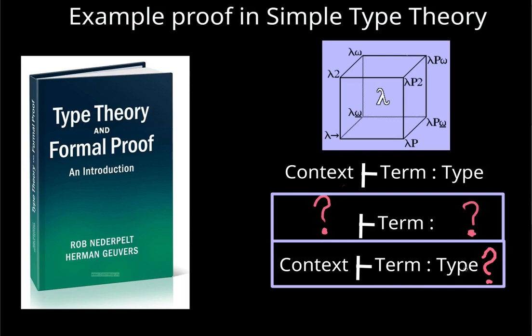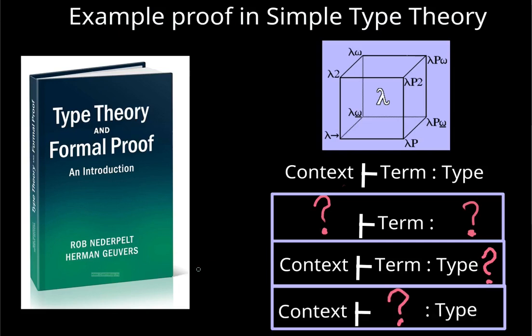And then the last type of question, which is relevant to mathematics, is you're given some type with a context, and you're supposed to find a term that inhabits the type.